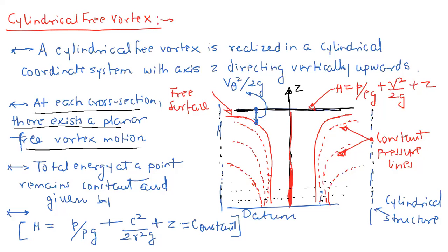So all the things remain the same. The only thing is that we are discussing this in context to a cylinder, if we take water in a cylinder and drill a hole at the bottom of the cylinder to create such kind of free vortex flow. Now the equation for energy distribution, it is very obvious that this will be given by P by rho g plus C square by 2g plus Z is equal to constant.